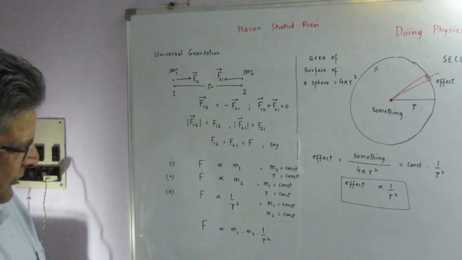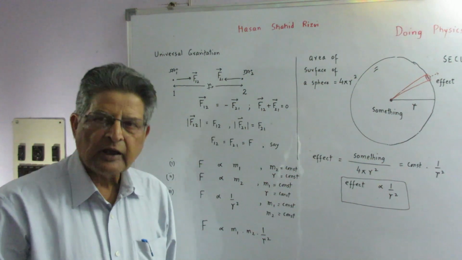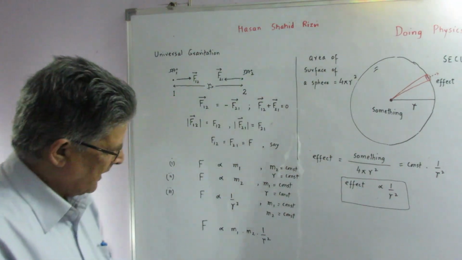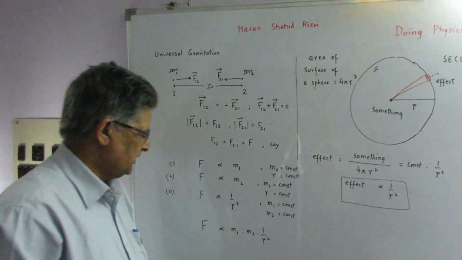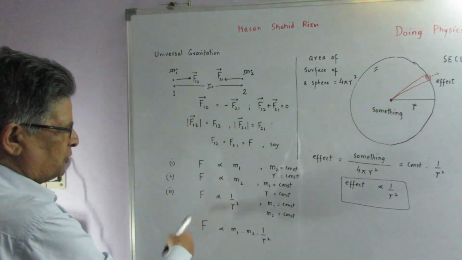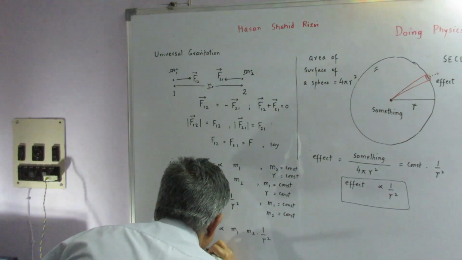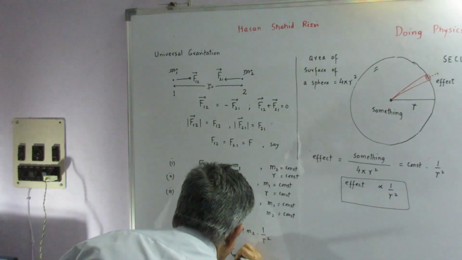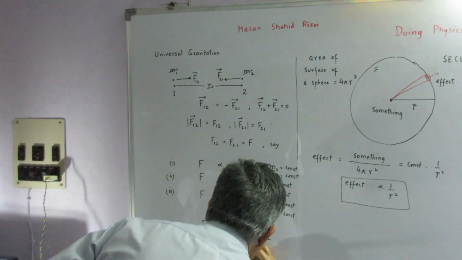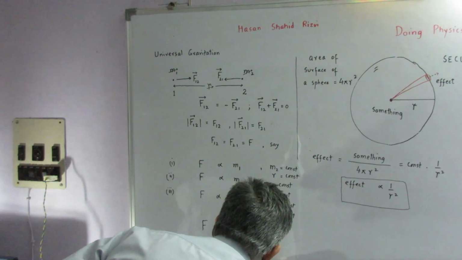And now, because of what is known as mathematical consistency, which you may not be able to understand right now, since there is a proportionality, there should be a constant of proportionality, and I can write F is equal to some constant, which we are writing as capital G over here, m1 m2 upon r square.